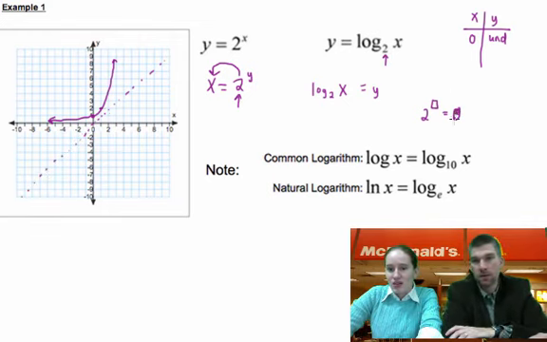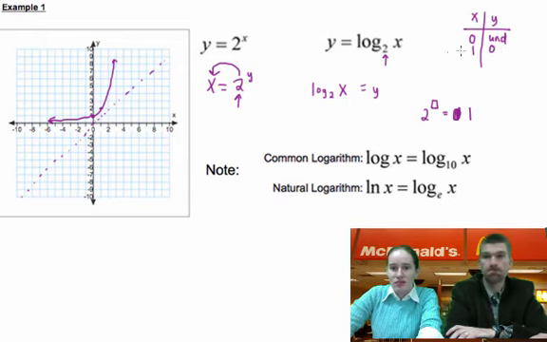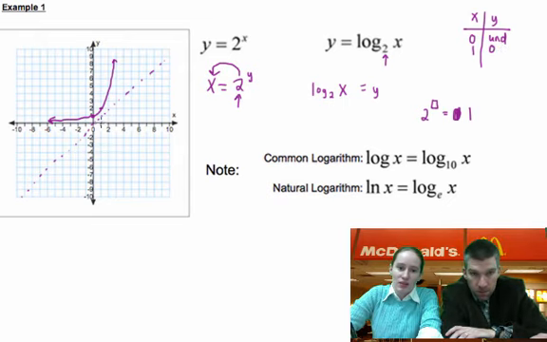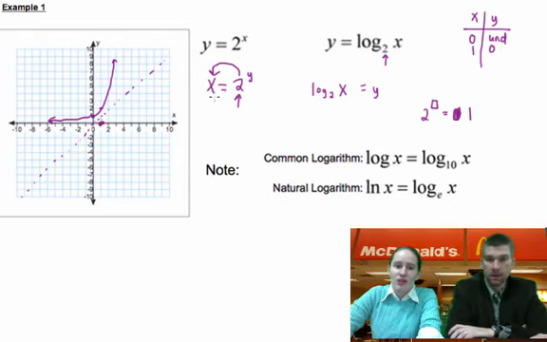Pretty close. All right, so if we were to plug in 1, then we'd be saying 2 to what power is 1? 0. Okay, so (1, 0). Yeah, I like it. And the other way to go is if we'd made a table of values for this one, we could just flip the x and the y. That would have been really handy, but we didn't do it, and that's okay. If we plug in 2, 2 to what power is 2? The first power. 2 to the first power is 2.